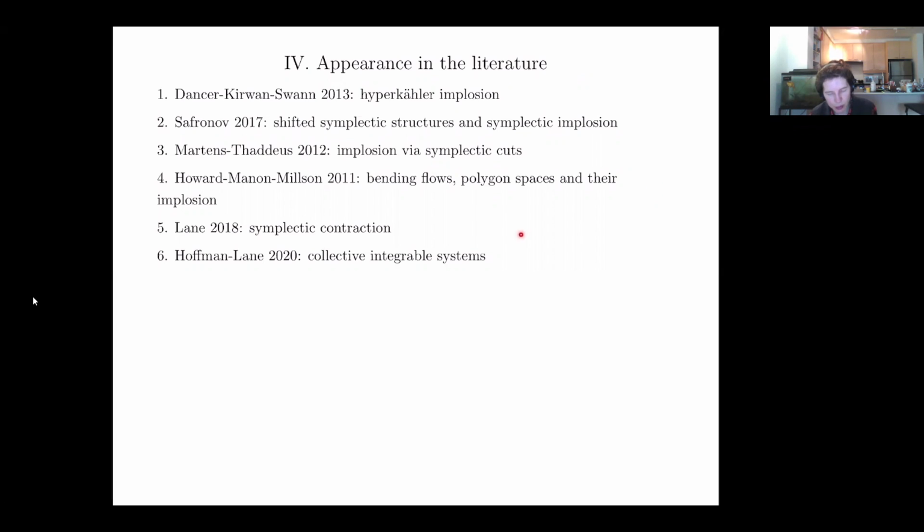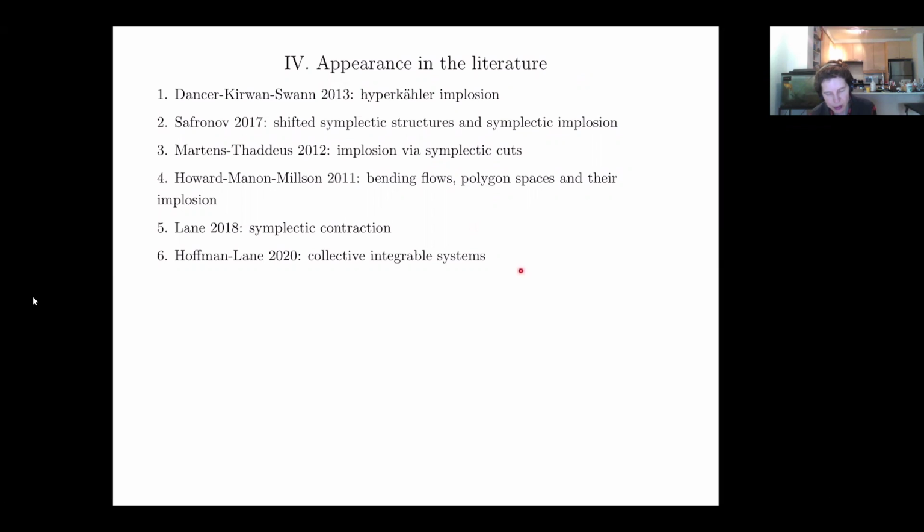There is work of Jeremy Lane about symplectic contraction, which does in a sense the same job as some of the constructions in Howard, Manon, and Nilsson's paper, but with rather less hypotheses.